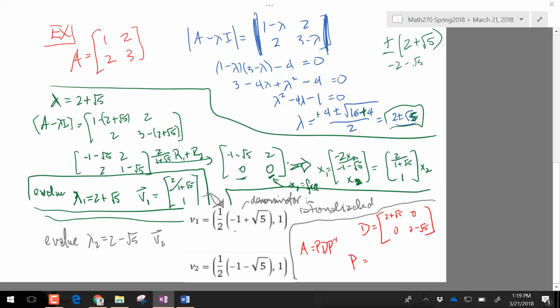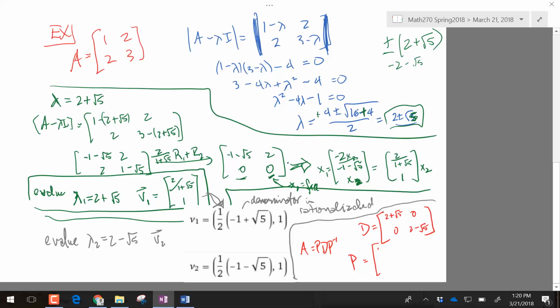By the way, these two vectors are linearly independent from each other. And the fact that they're linearly independent means that we can put them as columns in a matrix, and then it will be invertible. Oh, they also have to be in the same column as the eigenvalue in the D matrix.